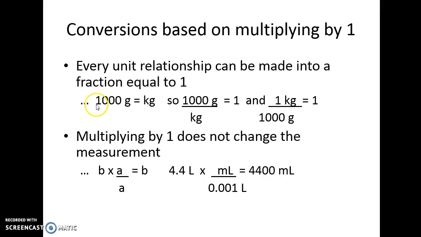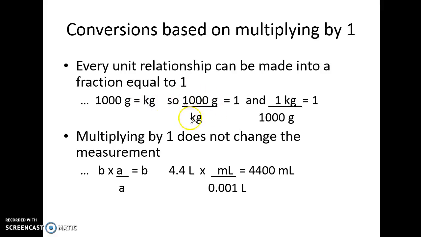So this equivalency statement, or my equal statement that I showed you how to get, is going to come in very handy, because if I take this equivalency statement, I can make a fraction by taking one side of the equal sign and putting it up here, and taking the other side of the equal sign and putting it down here.